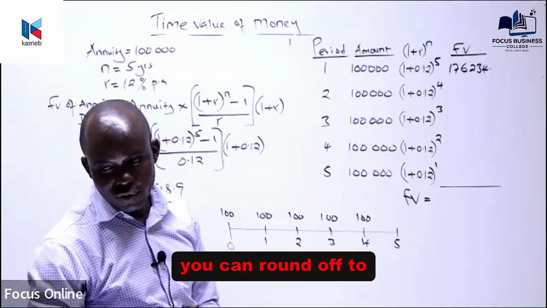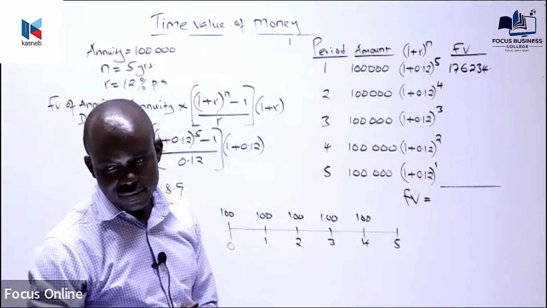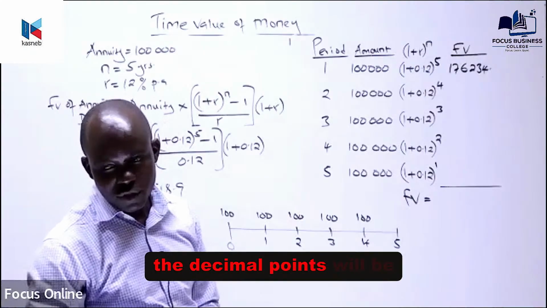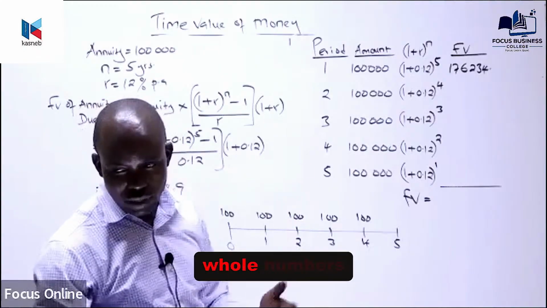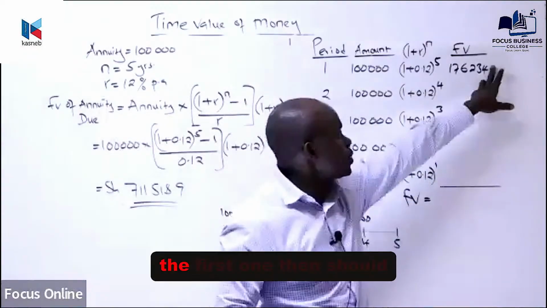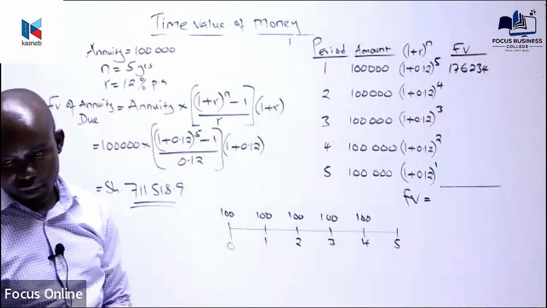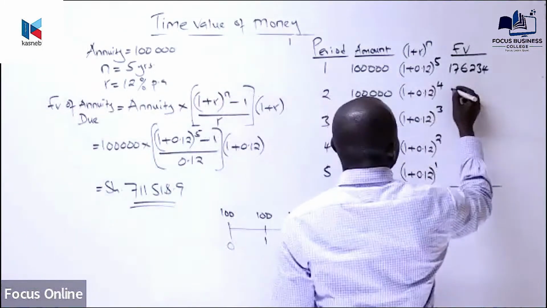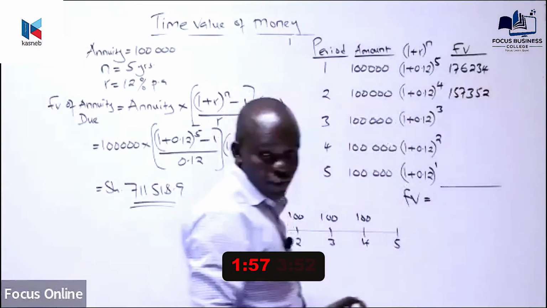There are situations whereby the decimal points will be required, but here let's round off to whole numbers. The first one then should be 176,234, then 157,352.